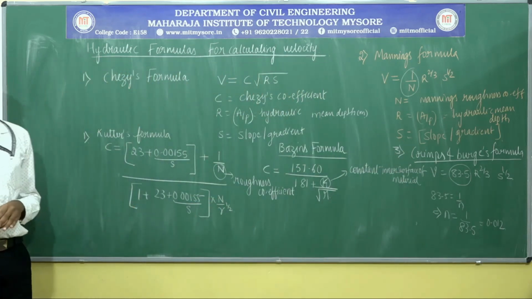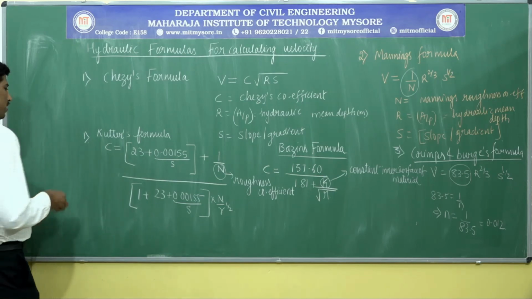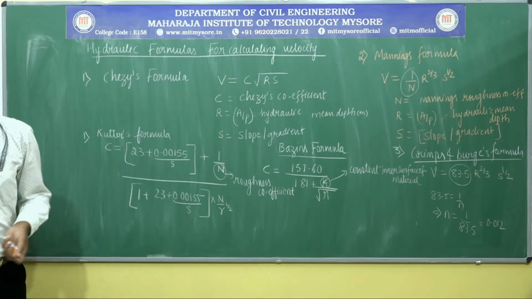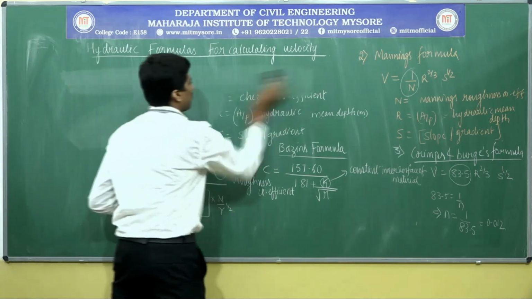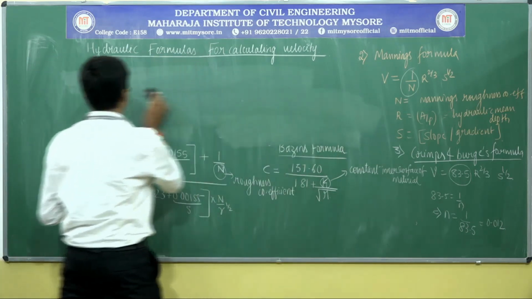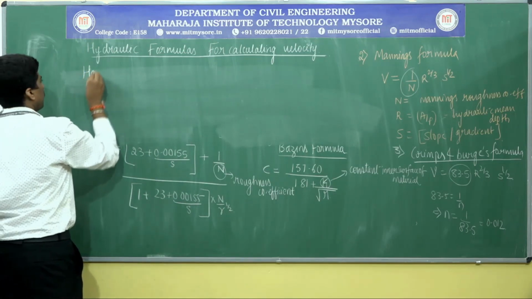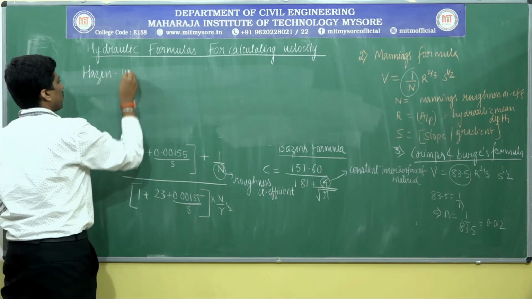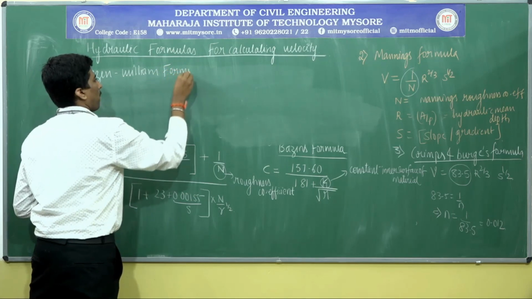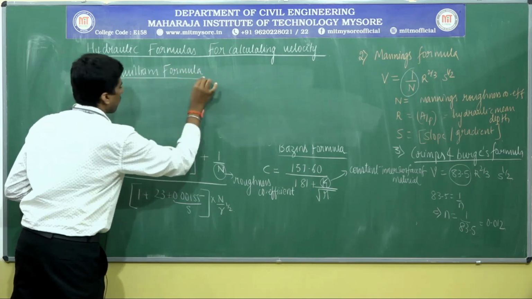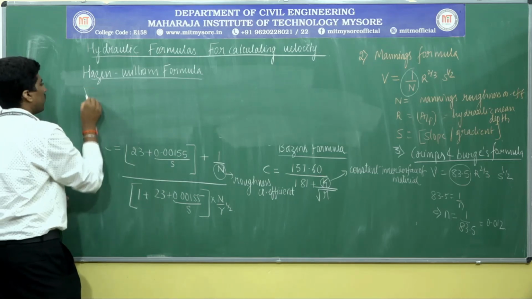Now, the next equation that we come across is the Hazen-Williams formula, where I am going to rub this apart. This Hazen-Williams formula is also utilized for calculating the velocity.